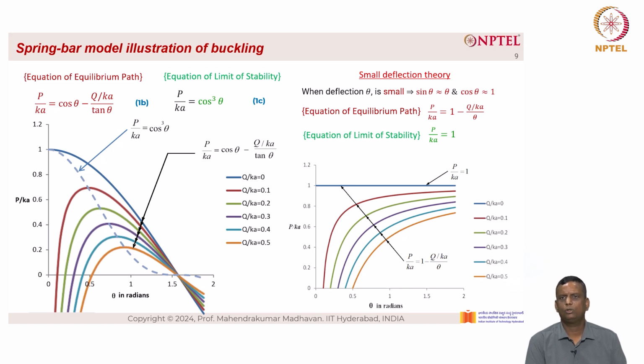When q by ka equal to 0.1, you can see the red curve, when it goes to 0.2 you have a green curve, and then a purple curve for q by ka equal to 0.3, and so on. So the equation of equilibrium path has a series of curves depending upon the value of q by ka, whereas the limit state of stability is one single curve, p by ka equal to 1.0.